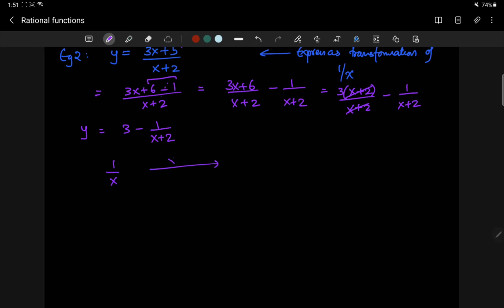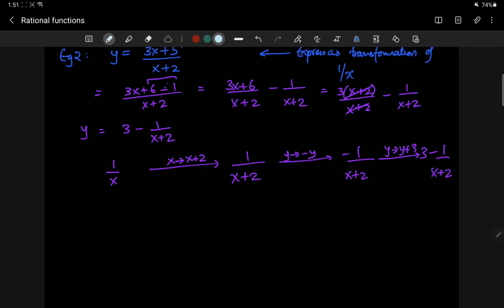The first one is x replaced by x plus 2. The second one is f of x becomes negative f of x. You multiply by negative 1. And the last one, if you are more comfortable with the y notation, is y being replaced by negative y, and here y being replaced by y plus 3, so I'm adding 3 to the function.